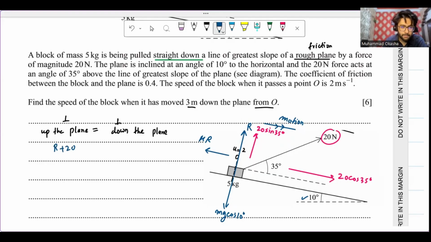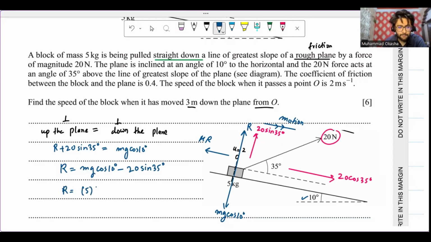R plus 20 sine 35 degrees will be equal to mg cos 10 degrees. If I were to do the math, I'm going to get R equals mg cos 10 degrees minus 20 sine 35 degrees. I'll put the numbers in the next step.